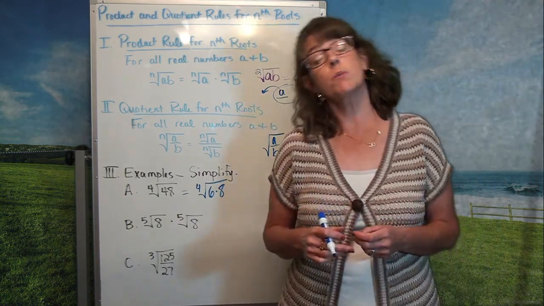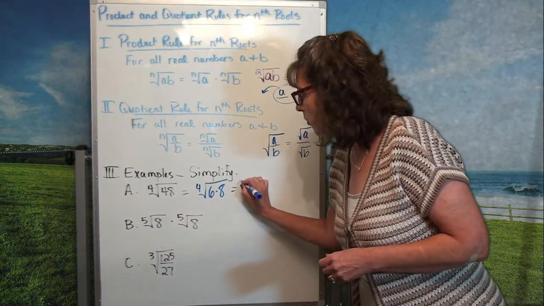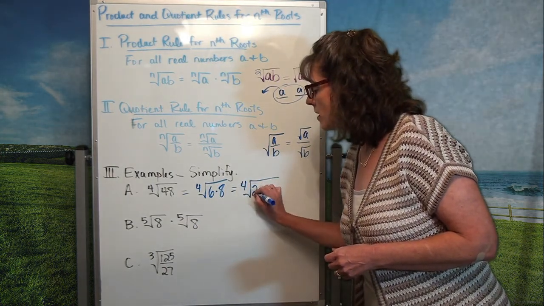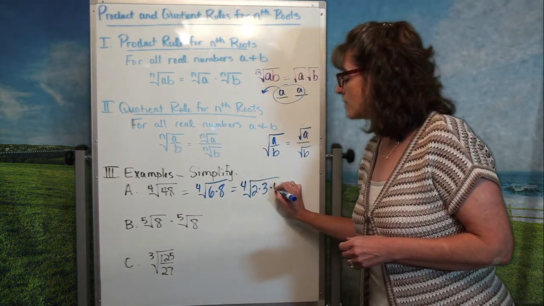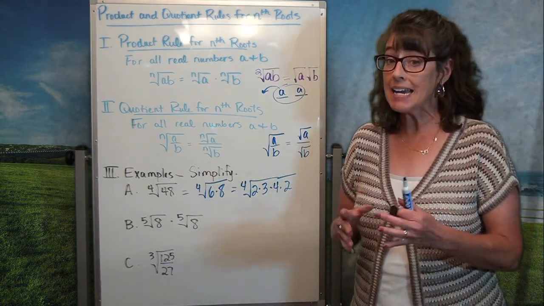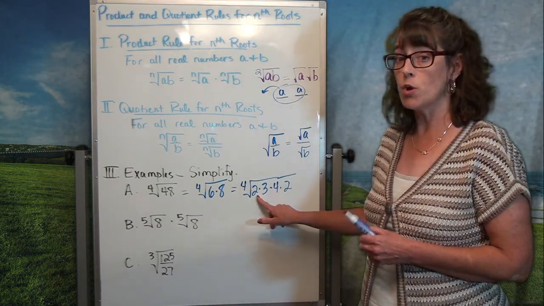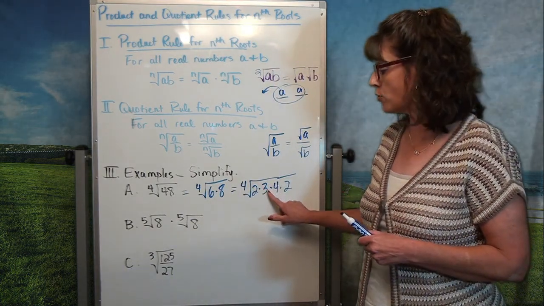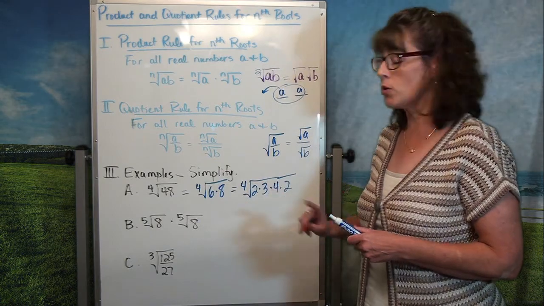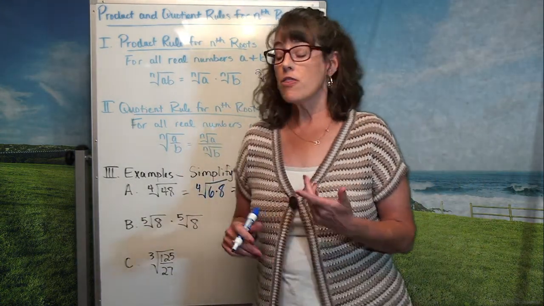So I'm going to continue to break it down, looking for those sets of 4. 6 is 2 times 3. 8 is 4 times 2. I still don't have a set of 4, and I can't think of a number that I can multiply by itself 4 times to create a 2, nor a 3, nor a 4. So I'm going to continue to break it down.